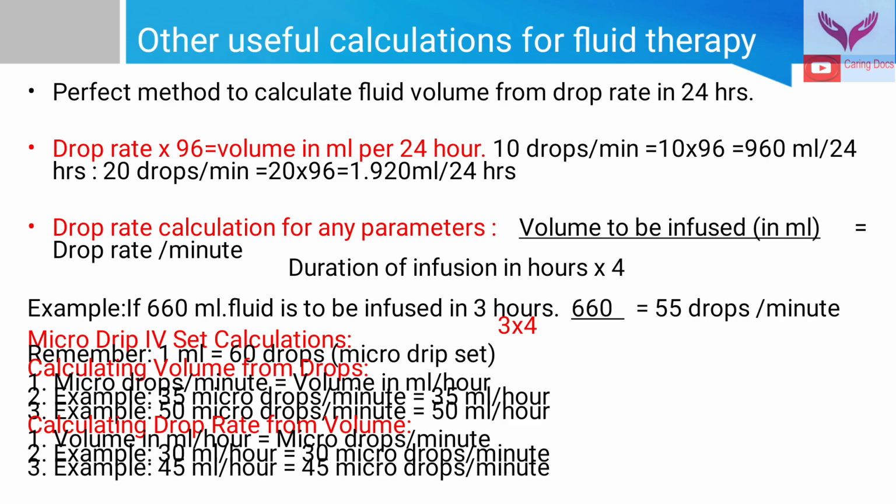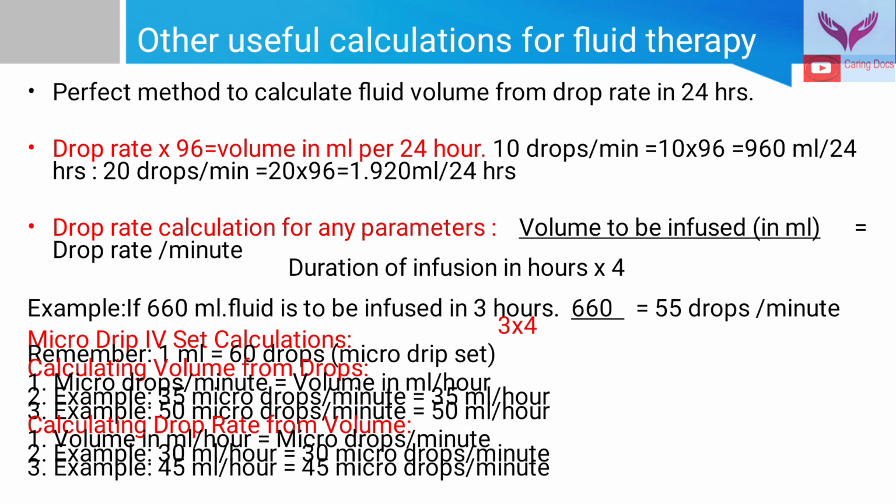Similarly, other useful calculations for fluid therapy are, we can use a direct method to calculate fluid volume from drop rate in 24 hours. For example, drop rate into 96, we will get the volume in ml per 24 hours. If we are giving any fluid at the rate of 10 drops per minute, just multiply it with 96. We will be able to find out what amount can be given in 24 hours.